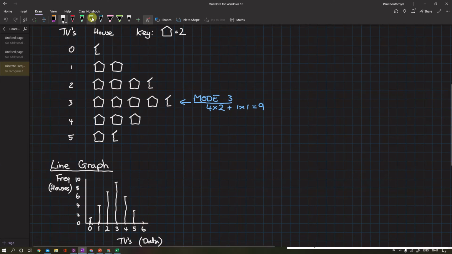Again, we can see the mode. We can also see that the minimum number of TVs in a household is 0, and our maximum from our survey is 5.